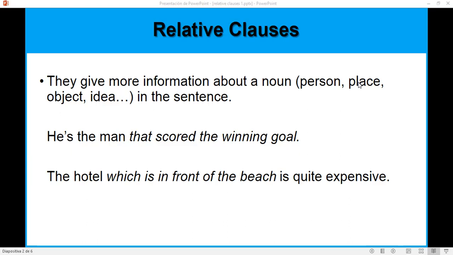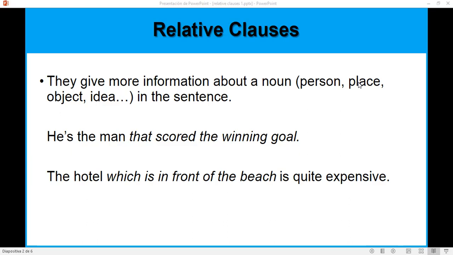And in the second one, we are giving extra information about something, in this case, about that place. Why? Because I can just say the hotel is quite expensive. But if you want to add extra information, we say, the hotel which is in front of the beach is quite expensive.